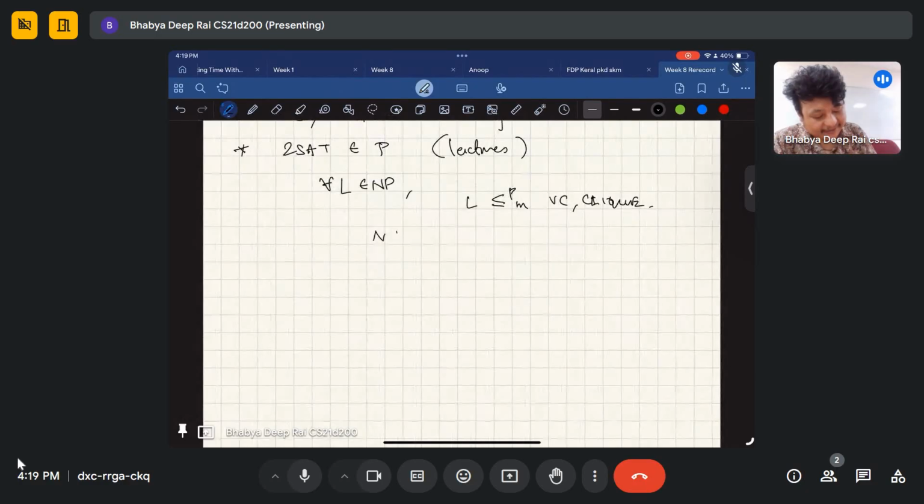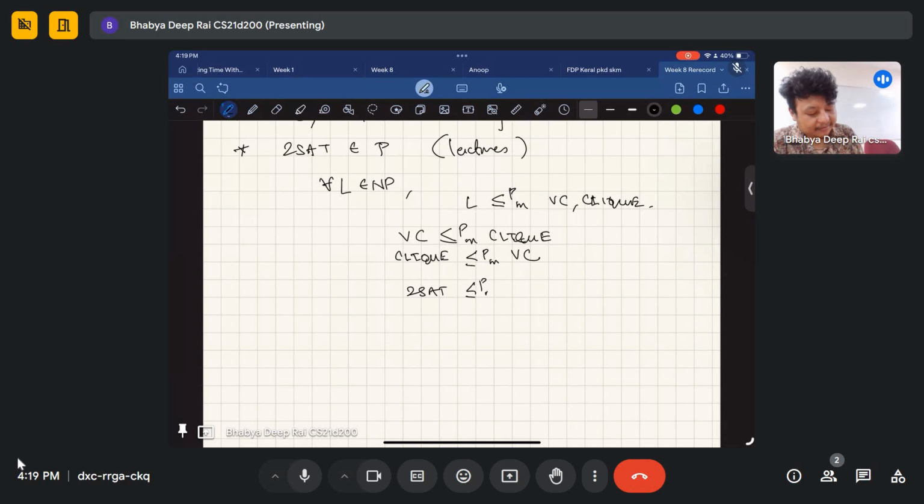So it means that VC, since it itself belongs to NP, VC reduces to clique, and clique also belongs to NP, so clique also reduces to VC, and 2SAT also reduces to VC as well as clique. But will VC or clique reduce to 2SAT? No, this cannot happen.